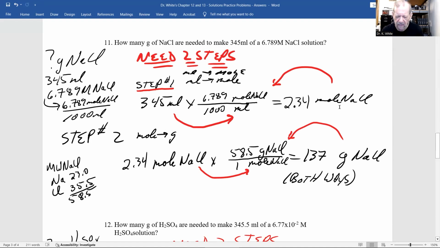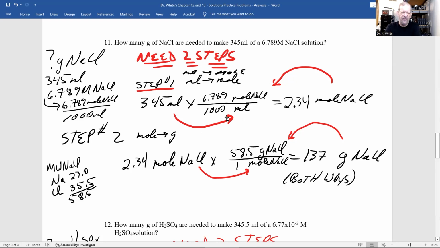I use my good buddy, my good friend, unit analysis, to figure out what goes on top and bottom of this ratio to convert milliliters to moles. Whatever you're trying to get to goes on top of the ratio, moles of NaCl. Whatever I'm trying to get rid of goes underneath, milliliters.